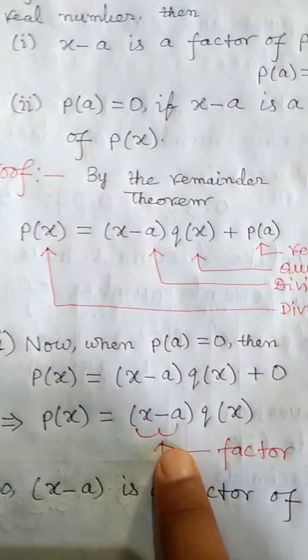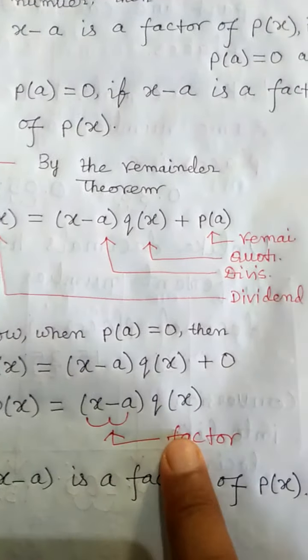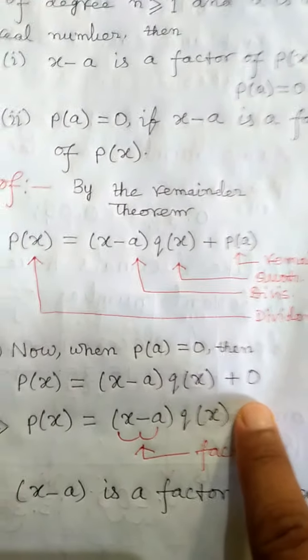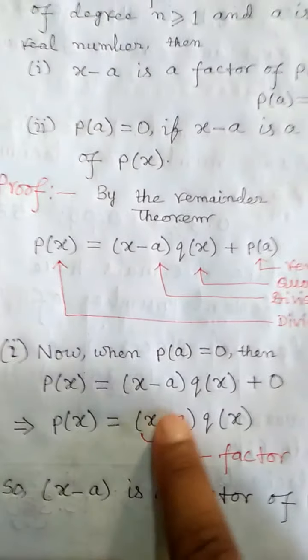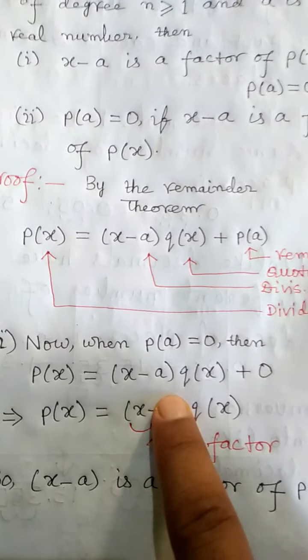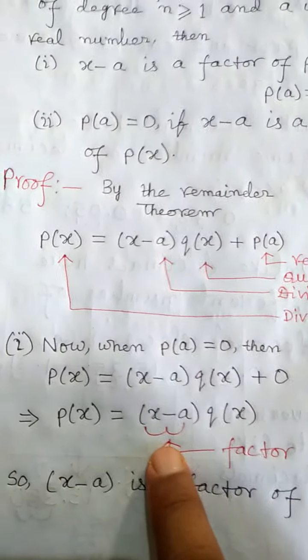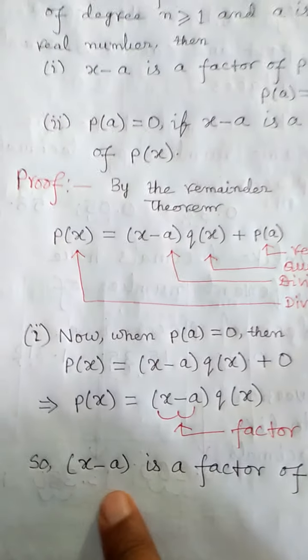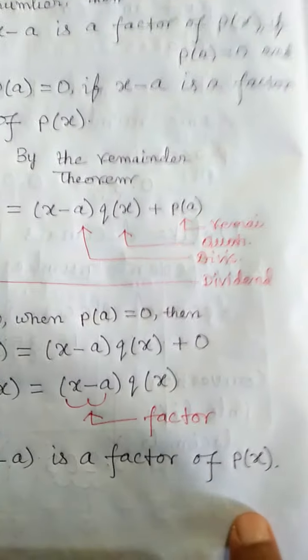P(x) is equal to x minus a into Q(x). This is divisor, Q(x) is quotient, and this is remainder. Remainder is 0. Since remainder is 0, when the polynomial is divided by x minus a, x minus a is a factor of P(x).